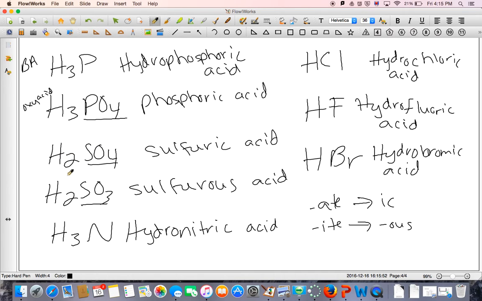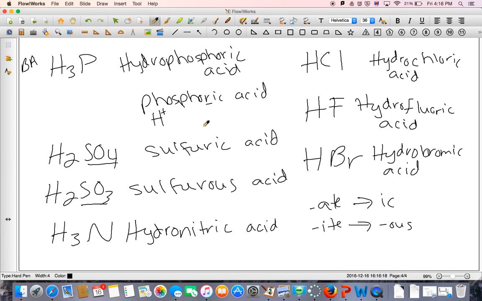Now, the other thing I want to point out is the big mistake kids make when they go from names back to formulas. So I'm going to erase that for a second. When you're going the other direction and taking the name to a formula, when it says phosphoric, they forget to put the hydrogen in front. It was there, remember, we just don't put it in the name. As you guys know right now, all the acids will begin with hydrogen.